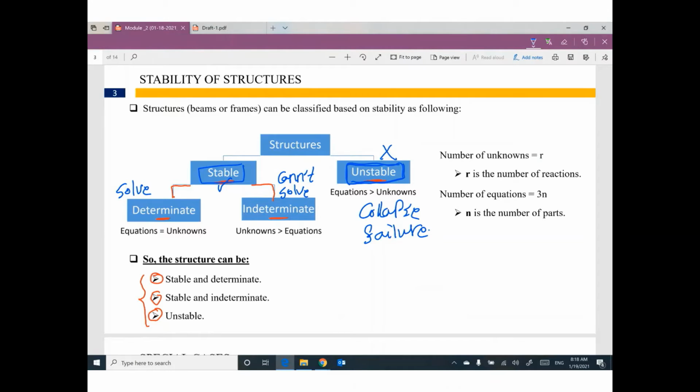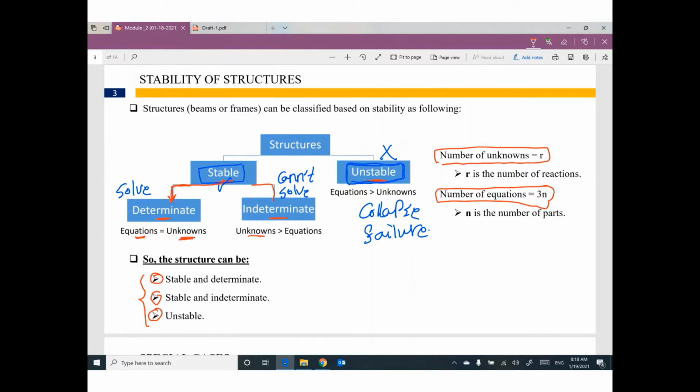How can I figure out the stability of the structure, stable or unstable? How can I determine whether it is determinate or indeterminate, based on the relationship between the number of unknowns and the number of equations? If the number of equations equals the number of unknowns, your structure will be stable and determinate.